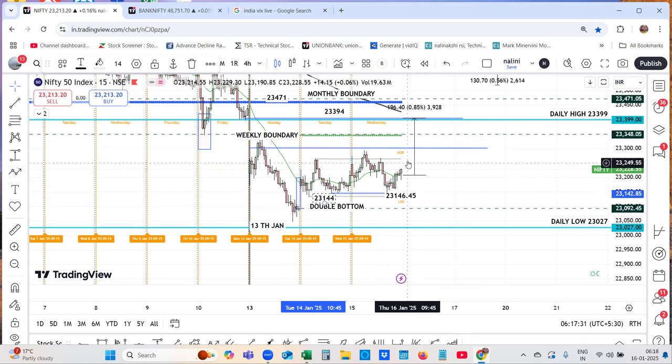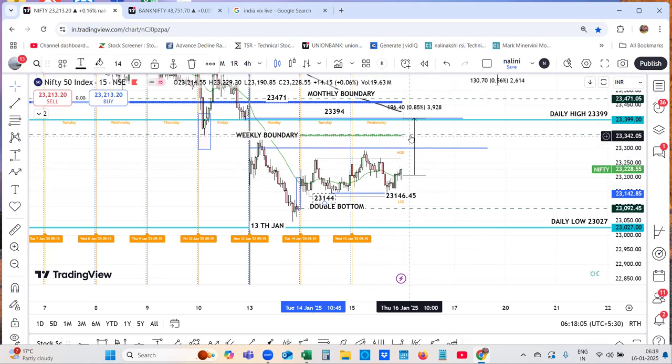Then the market will grab this liquidity, the dynamic liquidity over here, and then it will retrace back and mitigate this. It will come down to seek the liquidity down here, the static liquidity, and then the market may find a direction, either to the upside or to the downside.